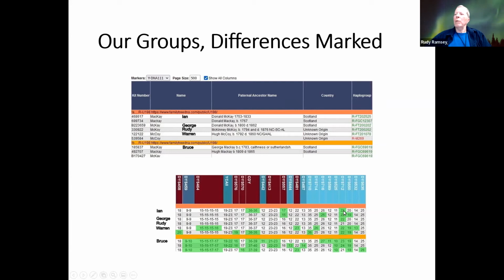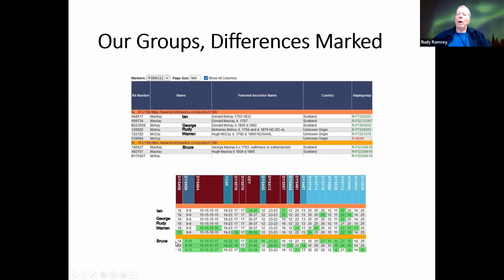And he's off by 1 here, 22 versus my 21. That's a genetic distance of 3. And Warren has a different distance of 6. Here's 1, 2, 3, 4, 5, 6. And Bruce is farther away. I forget, I think he's at a genetic distance of 10.